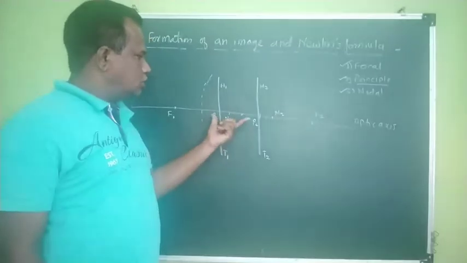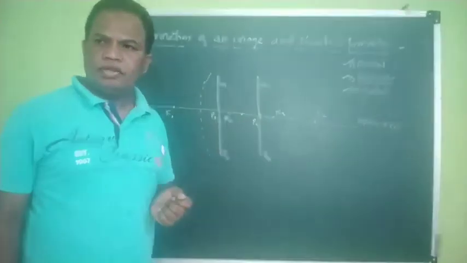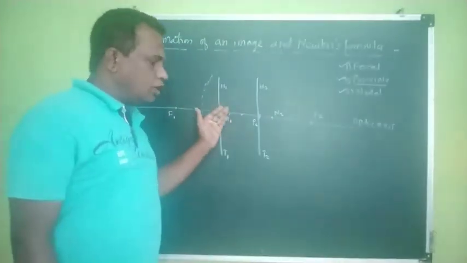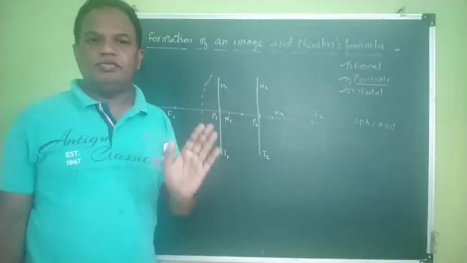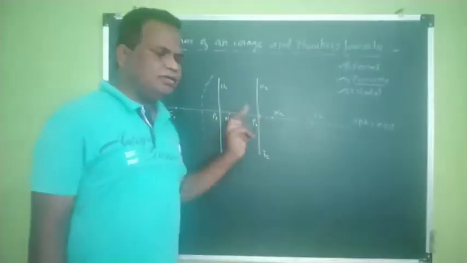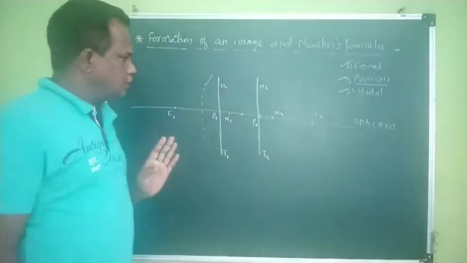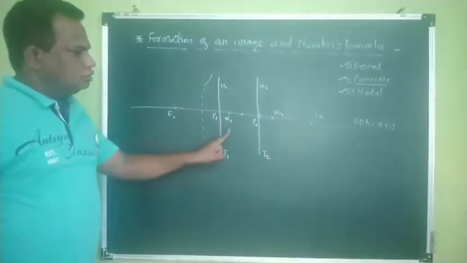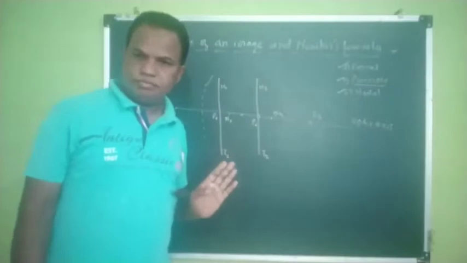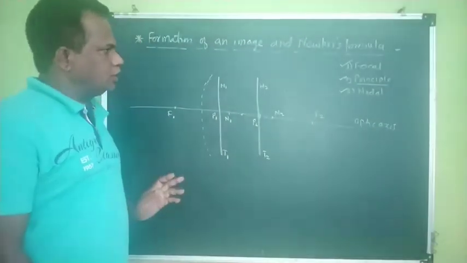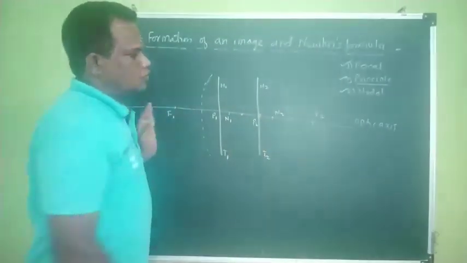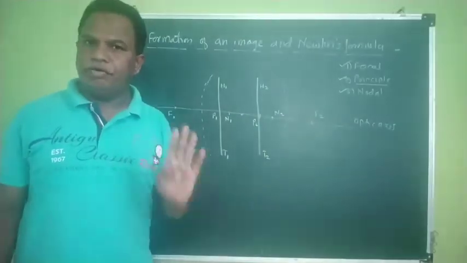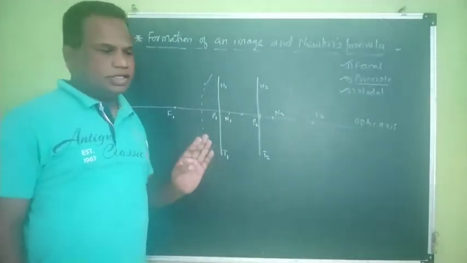Nodal points are the conjugate points where the angular magnification between image and object is unity. This is the property of the nodal points. You may understand this, as we have seen it in three lectures, three videos.